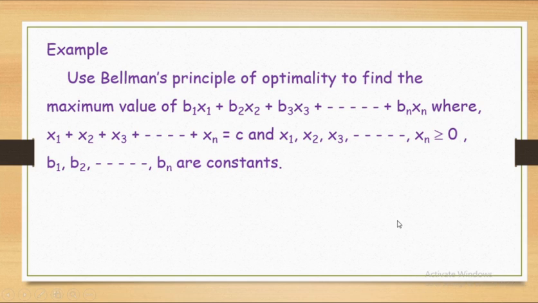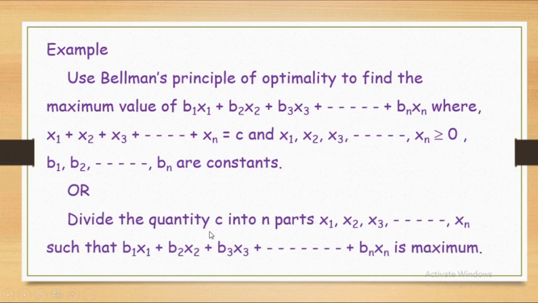This question can also be stated as: divide the quantity c into n parts x1, x2, x3 up to xn such that b1x1 plus b2x2 plus b3x3 plus so on up to bnxn is maximum. That is the problem.